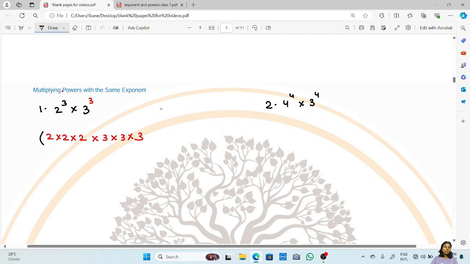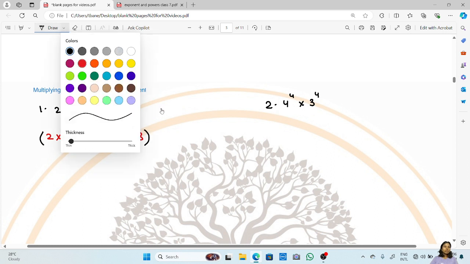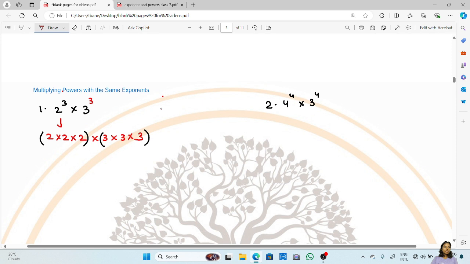Now we have to multiply. 2 into 2 into 2 is 8: 2 2s are 4, 4 2s are 8.